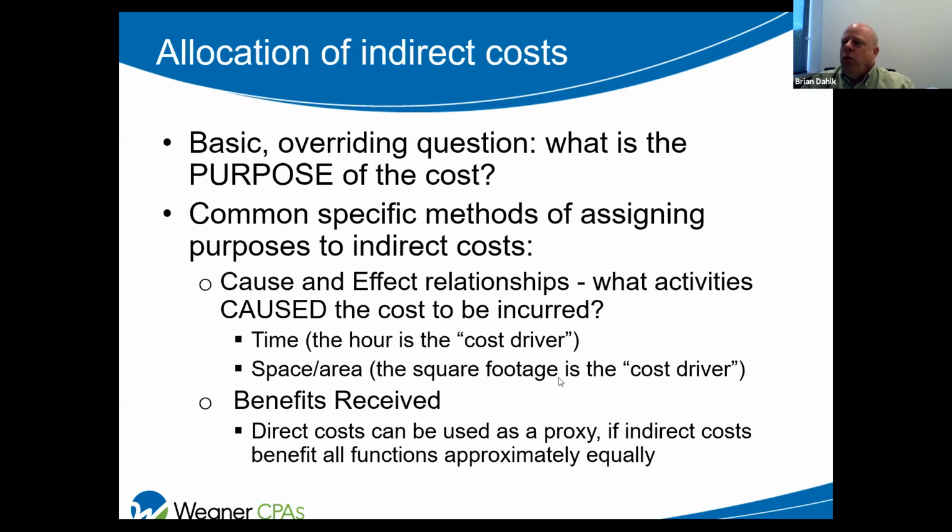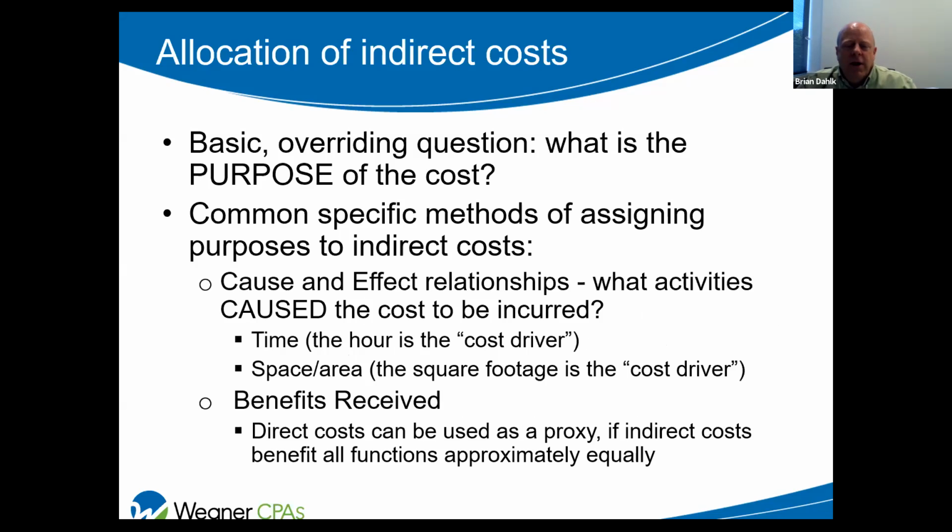Okay, so now we have to delve into the area of indirect costs and how to best go about allocating them. The basic overriding question you should be thinking about when allocating indirect costs is what is the overall purpose of the cost? Why was the cost incurred in the first place?